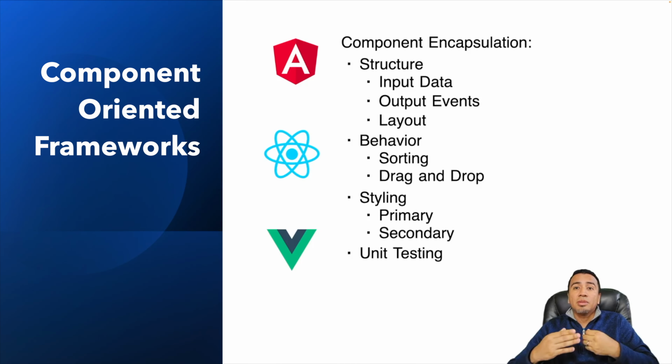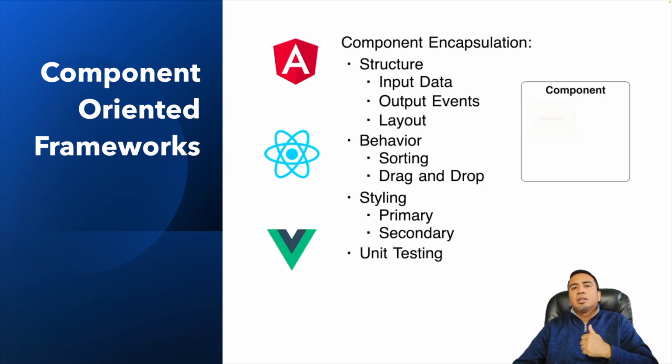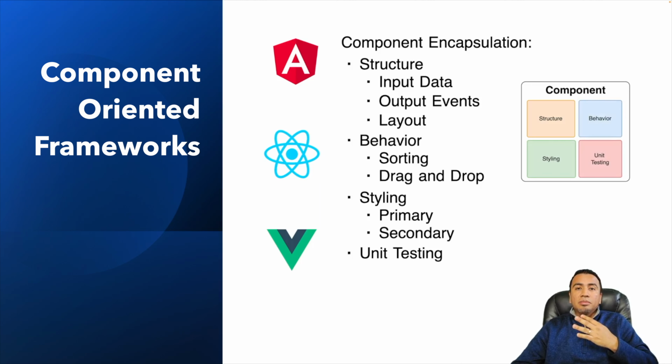So if you implement unit testing for your generic component, this code coverage is going to get replicated in your component through your whole application. So there are four things that you want to encapsulate in your generic components. And this is our structure, behavior, styling, and unit testing.